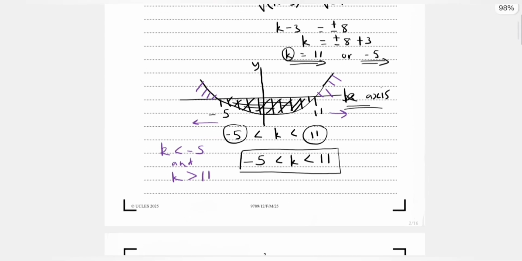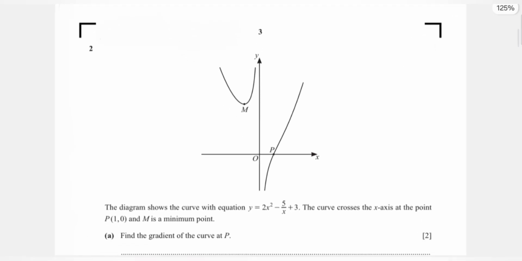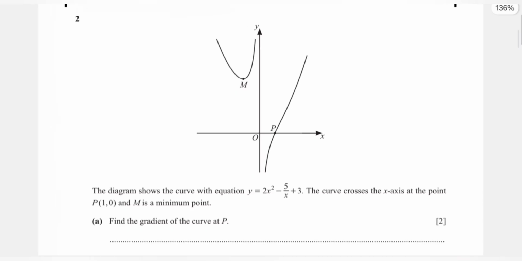So moving on to the second question, number 2, it is saying the diagram shows the curve with the equation y equals 2x squared minus 5 over x plus 3. The curve crosses the x-axis at the point P, which is (1, 0), and M is a minimum point.